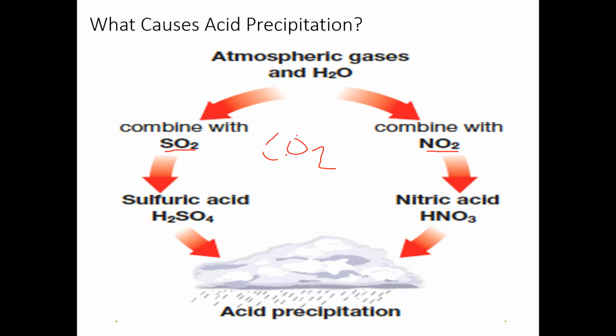Anyways, these gases combine with atmospheric gases and with water to form sulfuric acid, nitric acid, and then carbonic acid, which comes from carbon dioxide.